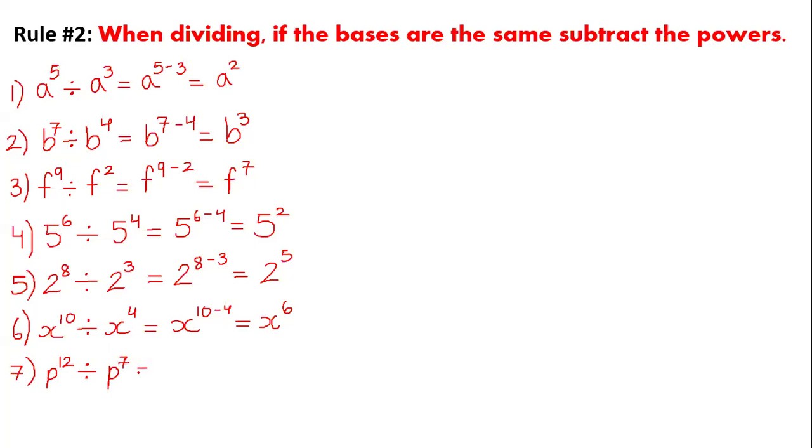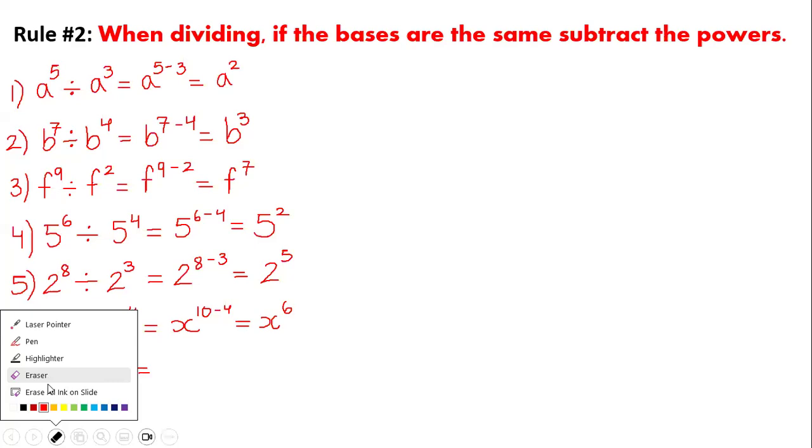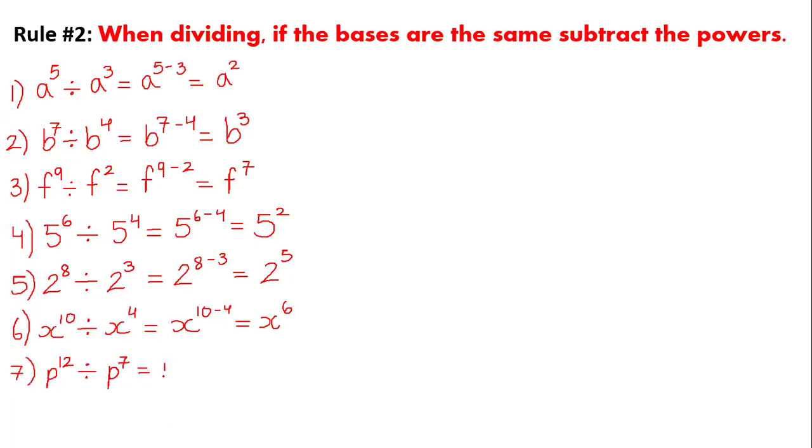It's going to be equal to p to the power of what? 12 minus 7, which is 5. P to the power of 5. Very good.